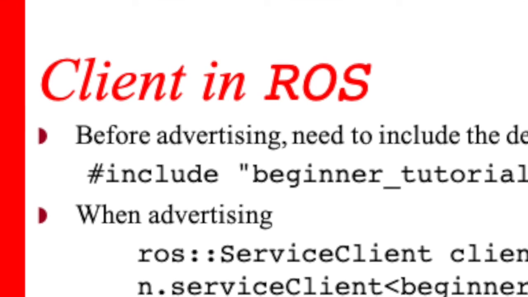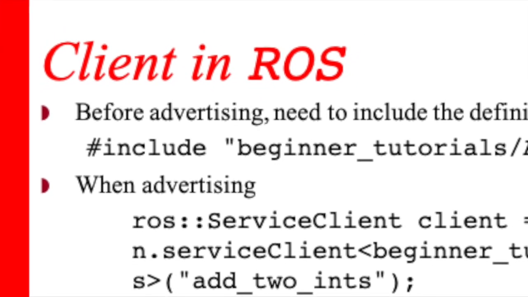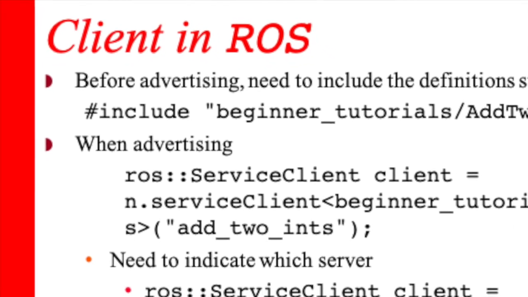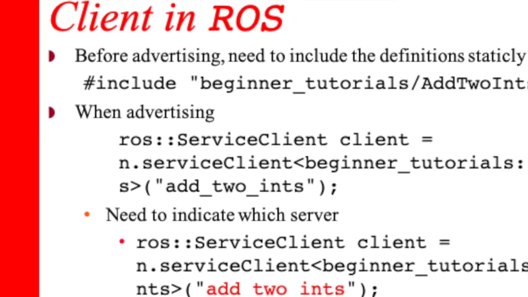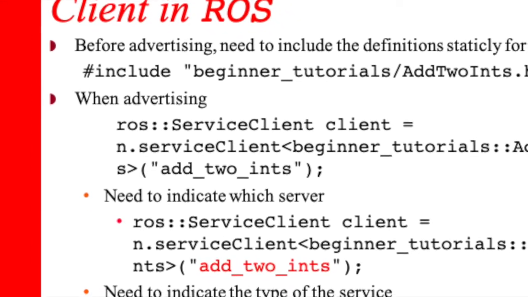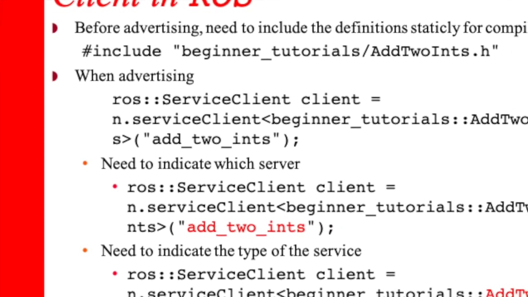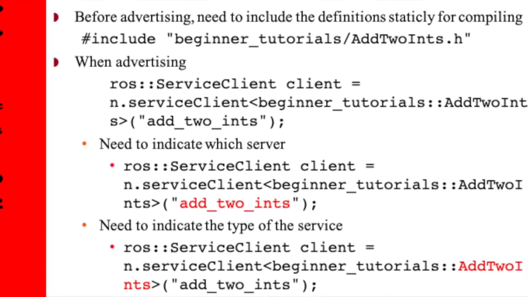Compilation needs to know the data types of the request and the response, therefore of the service. Services are named, so we need to give the name of the service we want to connect. And within the service, what type of service, what function do we want? Actually, the same service could provide several functions that implement computations.